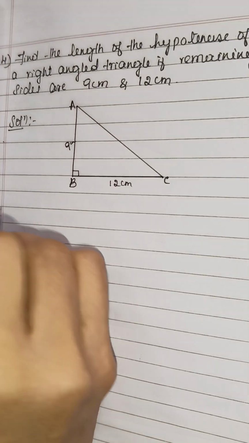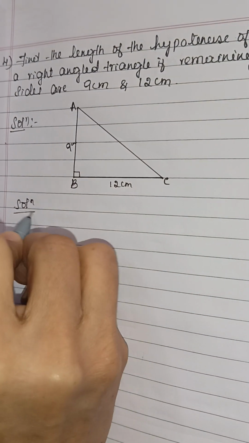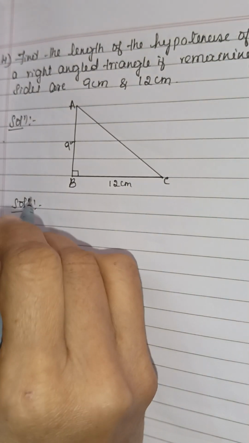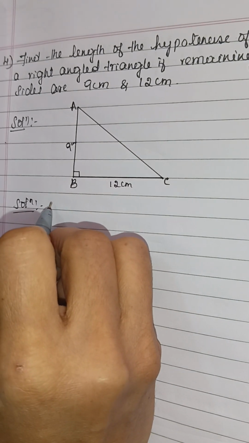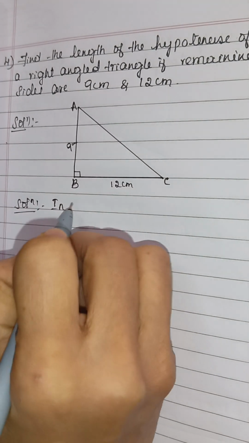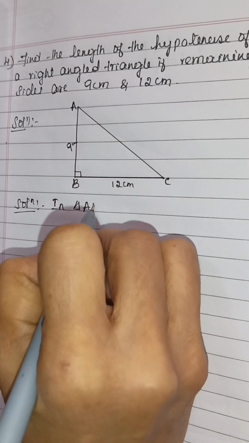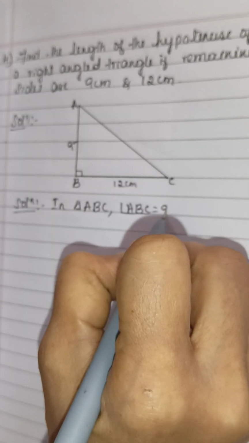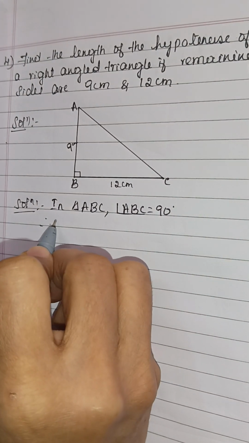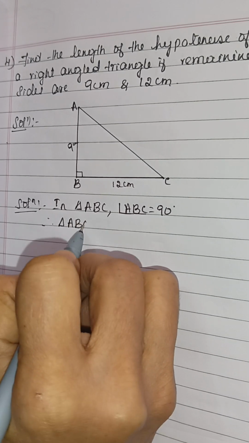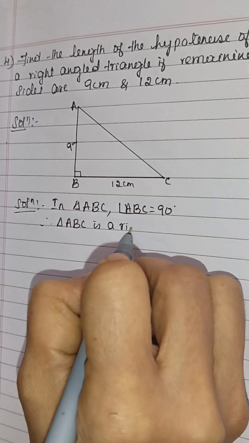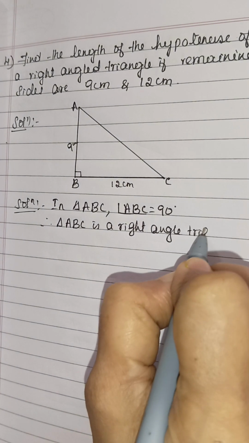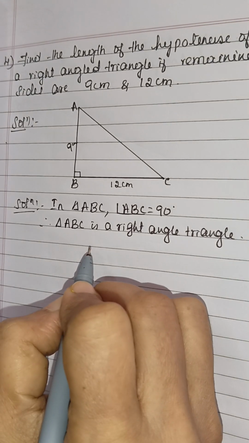So solution is: this is a right angle triangle, use Pythagoras theorem. In triangle ABC, angle ABC is 90 degrees. Therefore, triangle ABC is a right angle triangle.